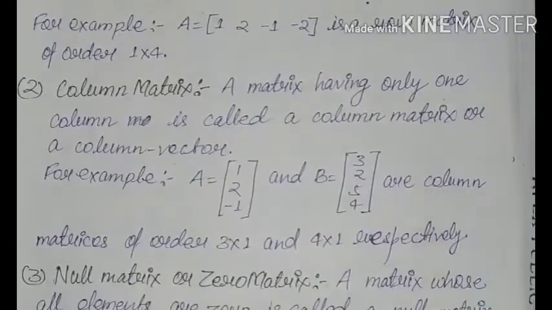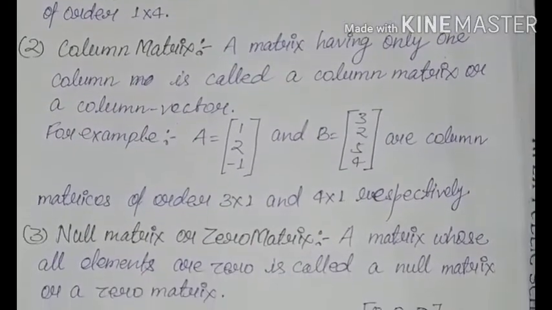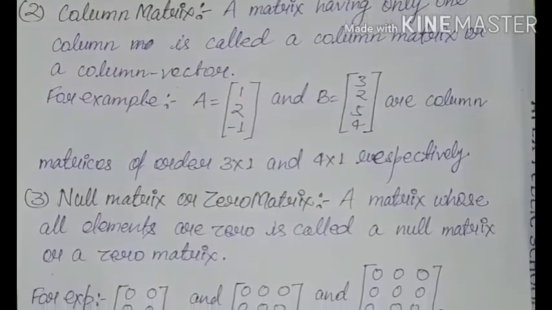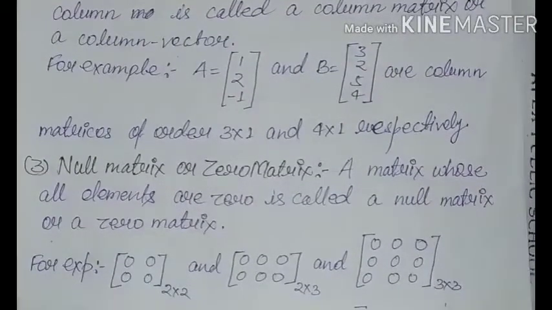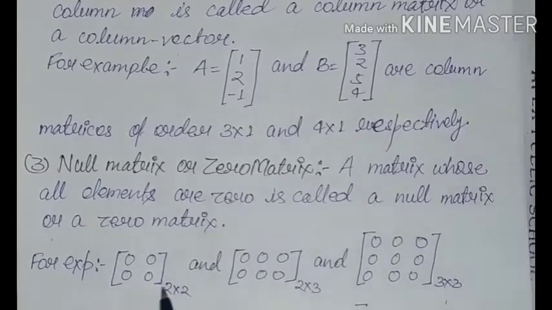Next one is the null matrix or zero matrix. A matrix whose all elements are 0 is called a null matrix or zero matrix. For example, there is a matrix whose all elements are 0, and another matrix whose all elements are also 0.